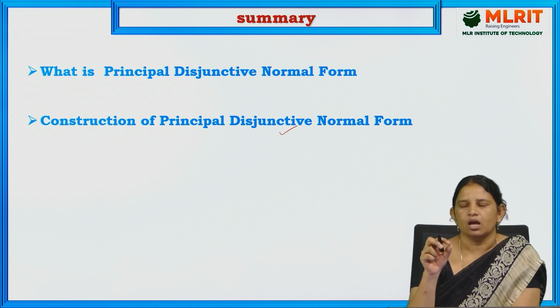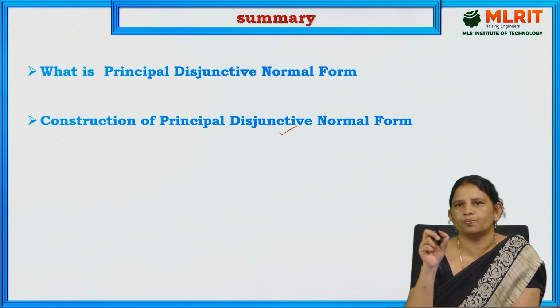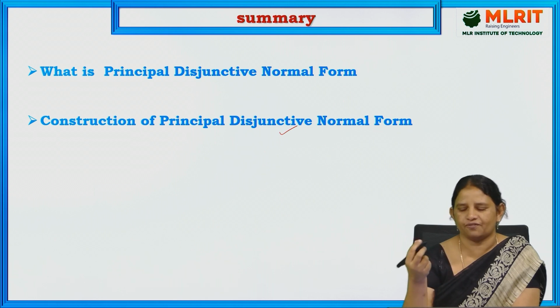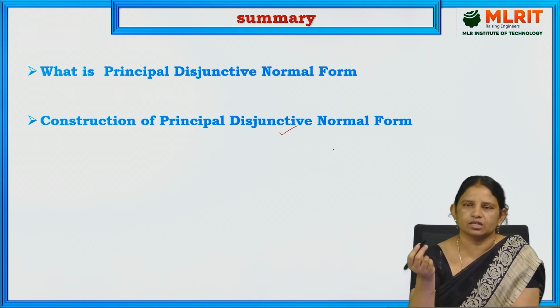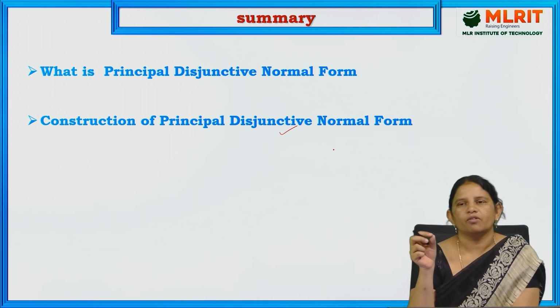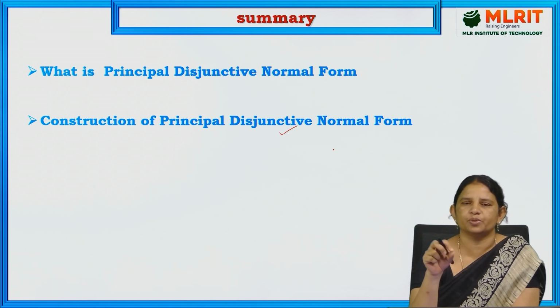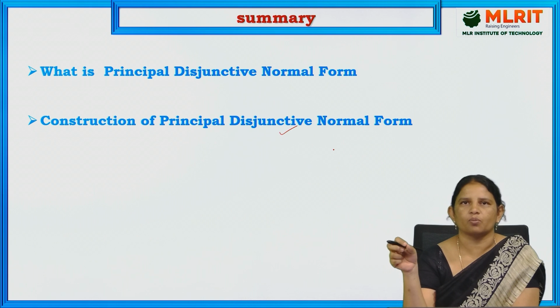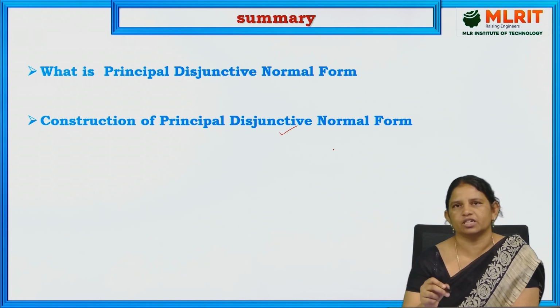If it is a normal variable like P, take the true value. If it is a negation of the variable, or a false value, we take the negation. According to that, we construct all the minterms, and the sum of minterms becomes the principal disjunctive normal form. That is the first method we discussed in this video.